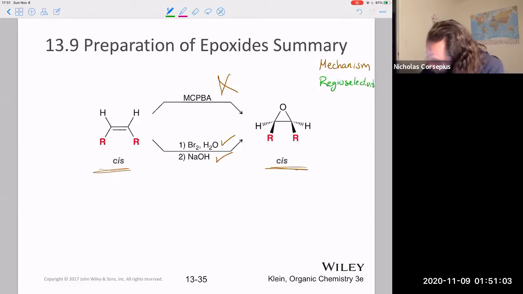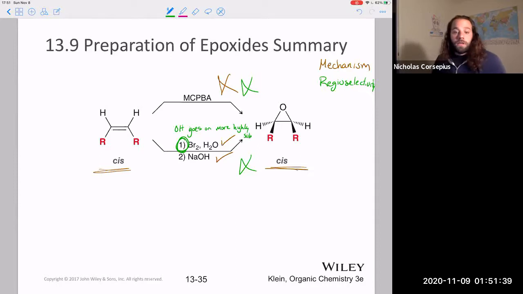Regioselectivity, even though these are addition reactions, you actually don't have to worry about it, fortunately, because you're forming the epoxide where the bonds are always going to be on the same side. So it's not as consequential. The one thing I guess that should be noted is in this first step here, the OH goes on the more highly substituted carbon.